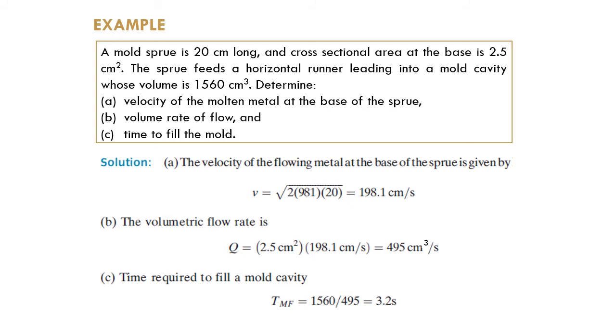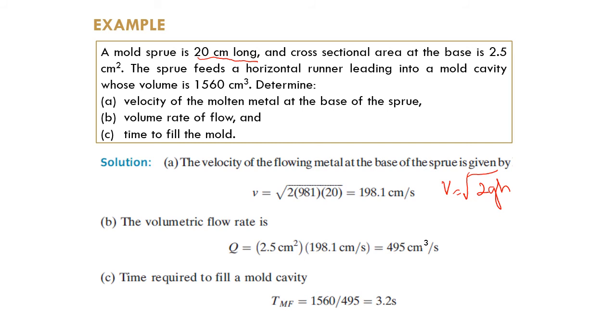So let us look into A first. The velocity of the flowing metal, V, equals the square root of 2gh. Here 2 is already there, g is 981, and the mold sprue is 20 cm long.